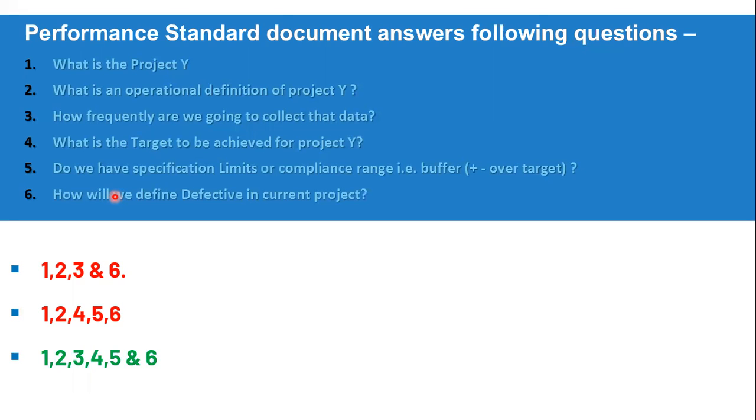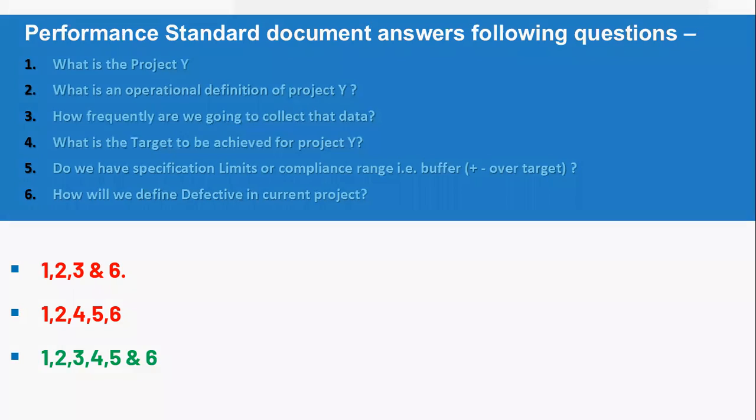The performance standard document answers what is the project Y, operational definition of project Y, how frequently are we going to collect that data, what is the target to be achieved for project Y, do we have specification limits or compliance range, and finally, how will we define defective in the current project? So it answers all 6 questions.